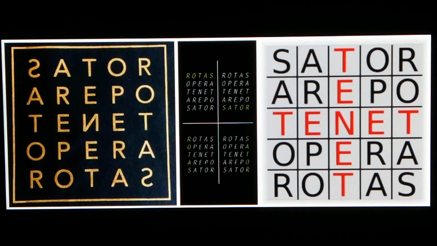The second line from the bottom is Opera, so Opera spelled backwards is Arepo. Third line down, or the middle line, is the word Tenet. Backwards it's Tenet. It's a palindrome there. Look at the middle column, Tenet. Backwards is Tenet.